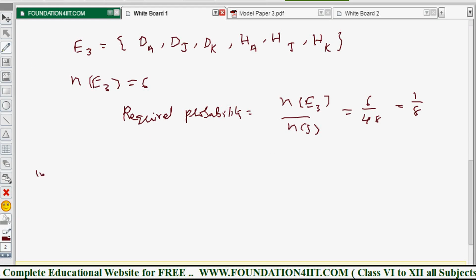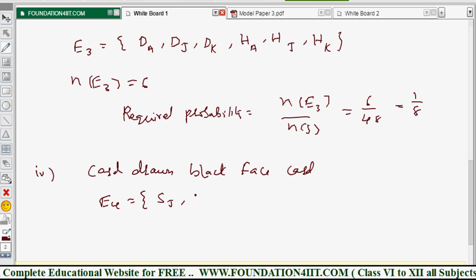Then the card drawn is a black face card. For the face cards of black, nothing is removed. Then E4 is equal to all 6, you write: spade jack, spade queen, spade king, and since only spades and clubs are black, clubs jack, queen, and king.